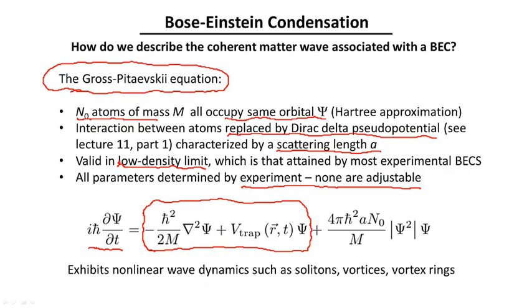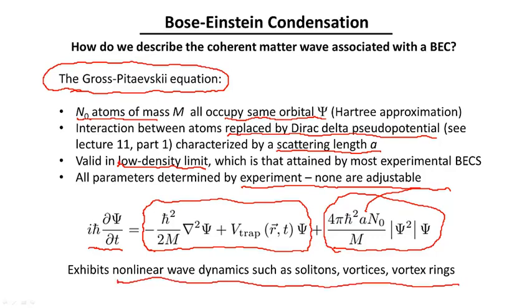And then the new element is this nonlinear term, which reflects the influence of the interaction between atoms. So it's proportional to the number of atoms and to the scattering length, and then it has a cubic nonlinearity in the wave function. And this gives rise to a type of dynamics that's just not seen at all in the ordinary Schrödinger equation.